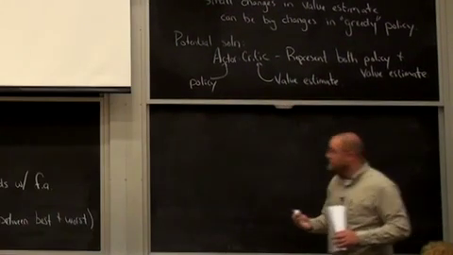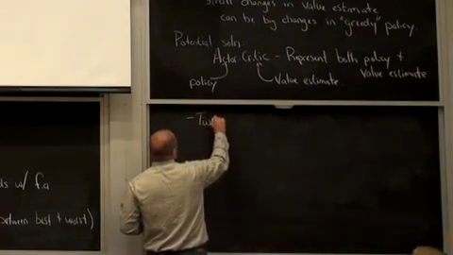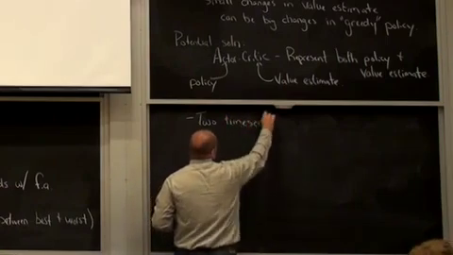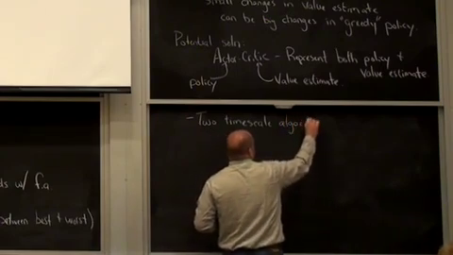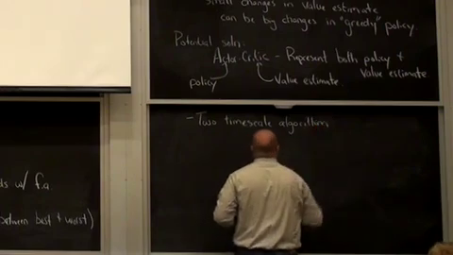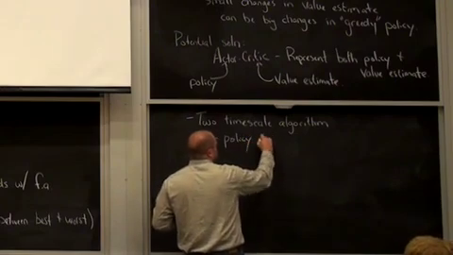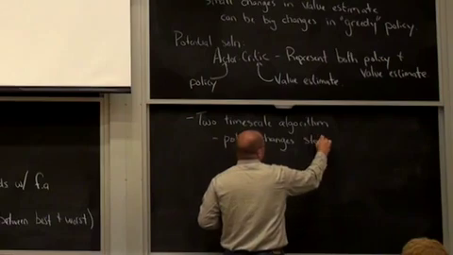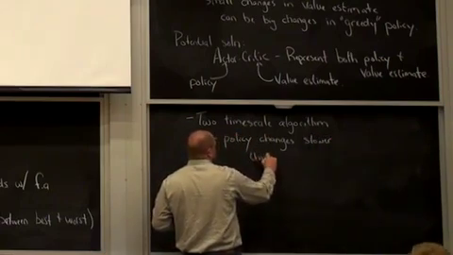And one of the big ideas there is that you'd like it to be a two-time scale algorithm. The policy's changing slower than the greedy policy from the value function.